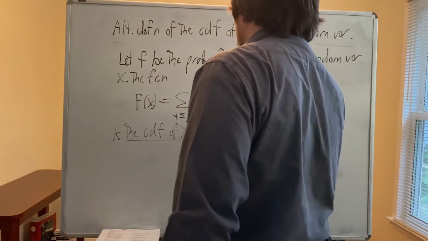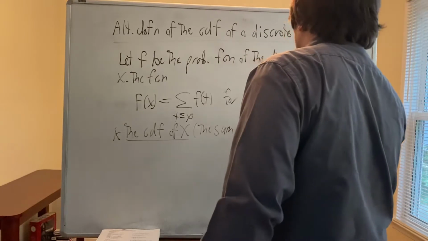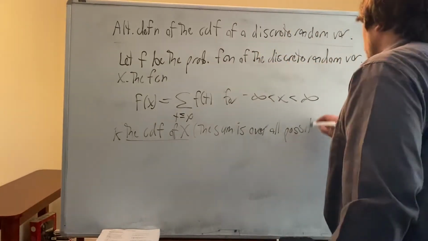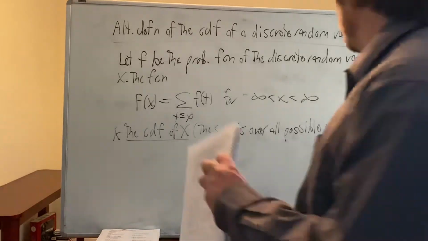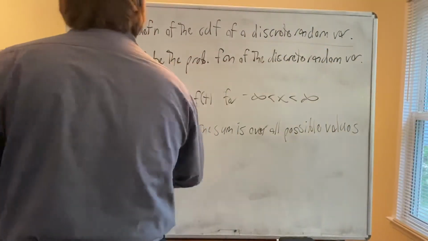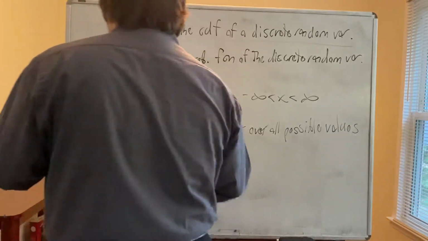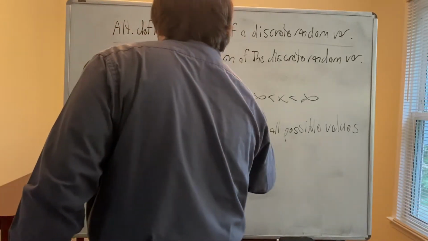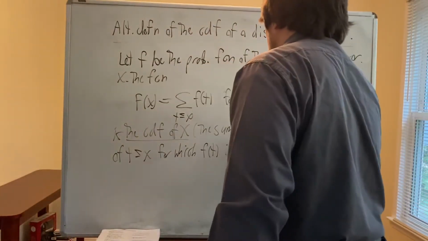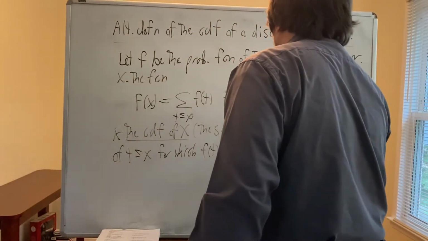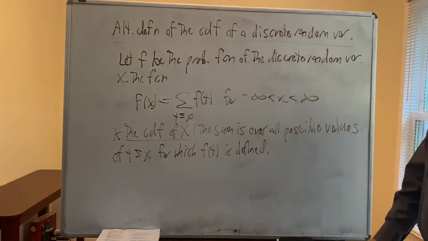The sum is over all possible values of t less than or equal to x for which f of t is defined. Okay, so this is another way to define the cumulative distribution function.